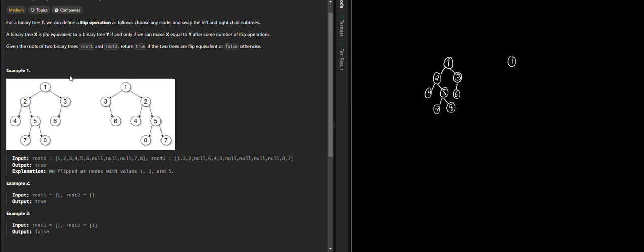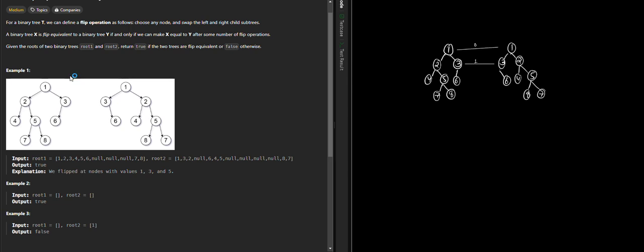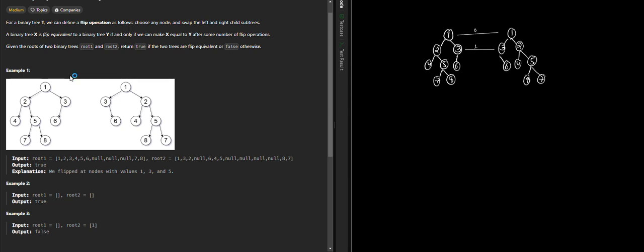If we compare tree T1 and tree T2, both are not equivalent as they are, because level 0 is fine, but level 1 is not equivalent: here the node is 2, here the node is 3. Can we flip node 2 and node 3, the left subtree and right subtree? Yes, we can flip it.